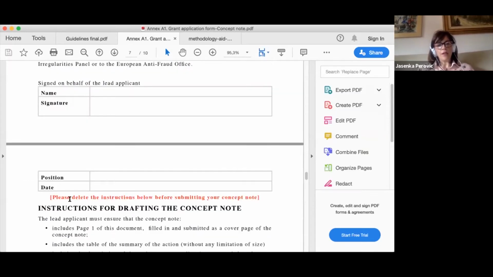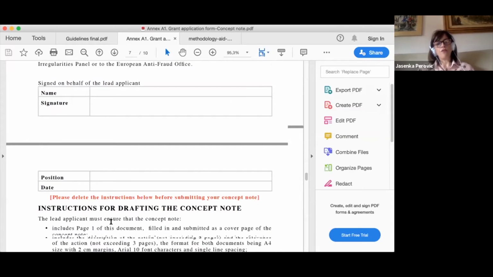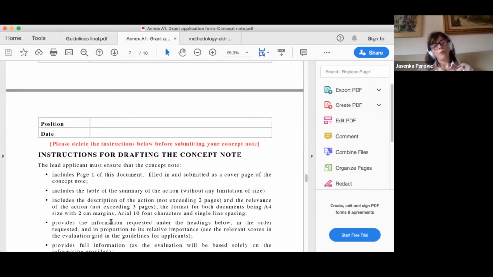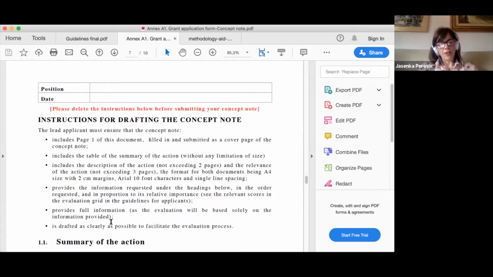As you see here, information related to the instructions for drafting the concept note should be deleted once you write the concept note, fill in the declaration, and fill in the cover page. But for today's session, it is really important because it gives us guidelines to understand what you need to take into consideration and think about before you start writing and developing your concept note.